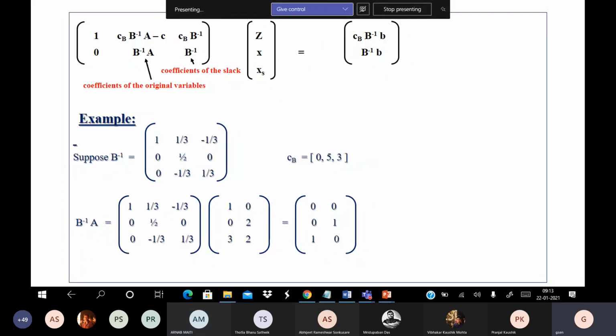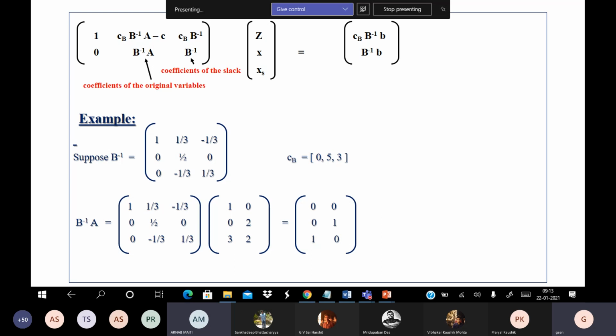And then how do you check whether this is optimal or not? Positive coefficients in the table. Yes. So this is CB, max.